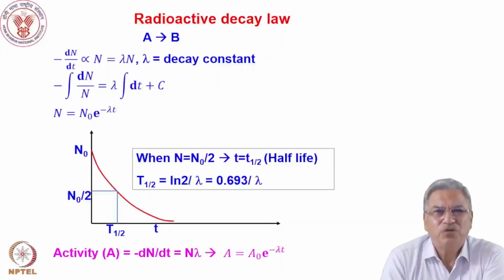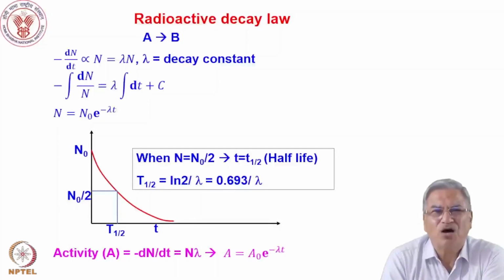Now the radioactive decay law is like chemical kinetics in chemistry. In chemistry you have the order of a reaction, like if A going to B you may say it is a first order reaction. Radioactive decay also follows the first order rate law.